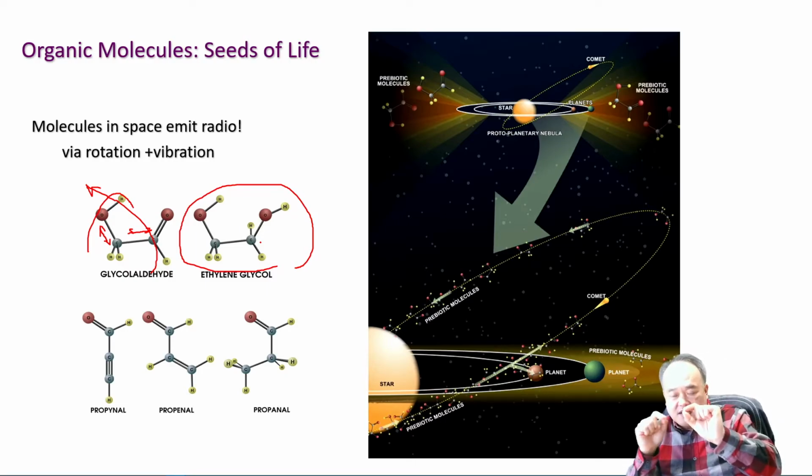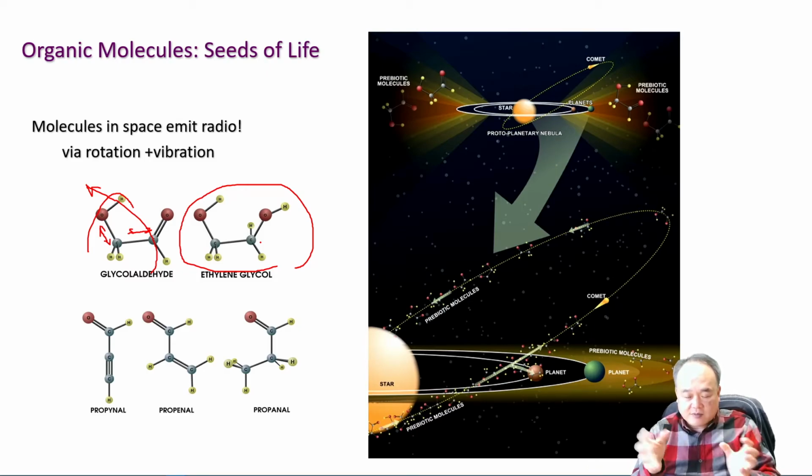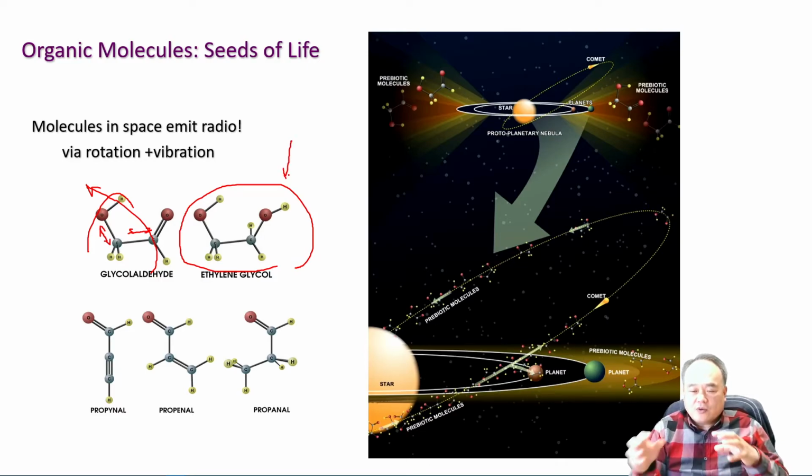These energy level differences for typical molecules, the vibration and rotation, are detectable in the radio frequency. That's why nearly all the discovered molecules in the sky so far, more than 100, were predominantly discovered in radio observation.